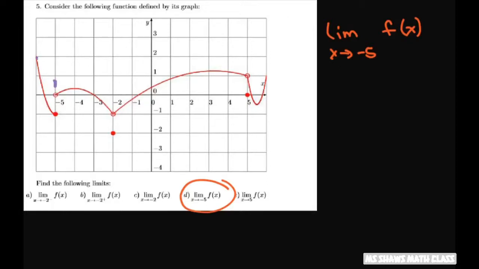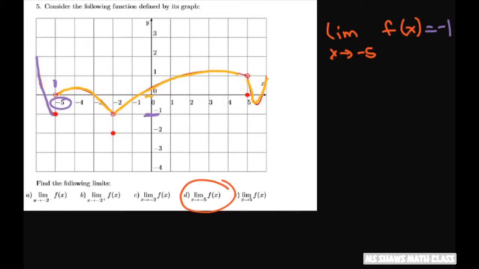From the left, we're coming down, and at -5, we stop at -1. So this equals -1. Now from the right, starting from the right, you travel along your path, have to jump twice, but you end up at 0.